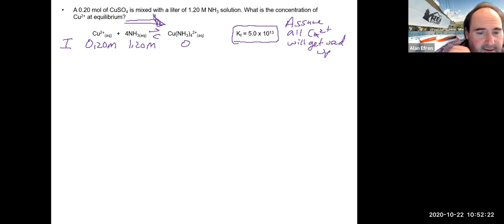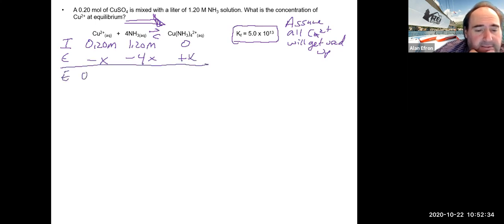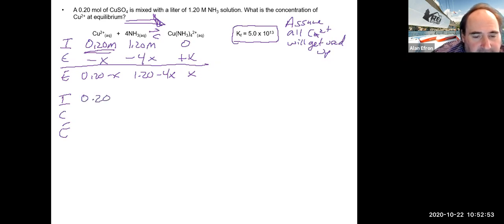So different than how we would normally do the ICE table, where we would do minus x, minus 4x, plus x and carry it down, 0.2 minus x, 1.2 minus 4x, and x, we actually know what x is. X is actually going to be the metal. So when we do this ICE table, I'll just write it underneath. What we assume is that the change is going to be the metal.